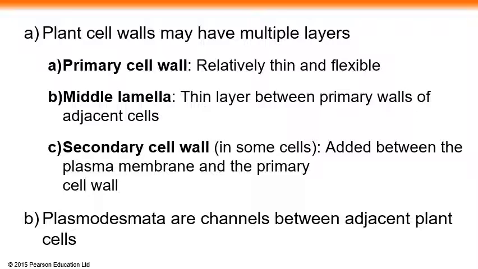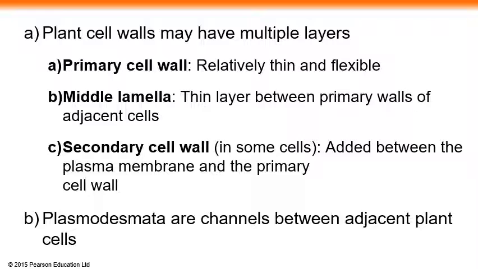And when one cell with a cell wall and another cell with a cell wall connect together, they are joined by the middle lamella, the thin layer between the primary walls of adjacent cells.